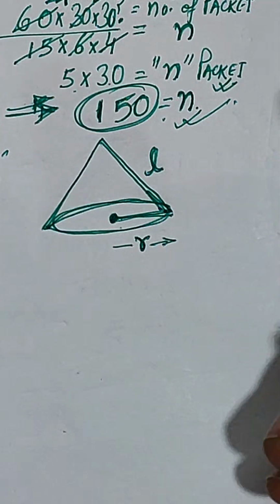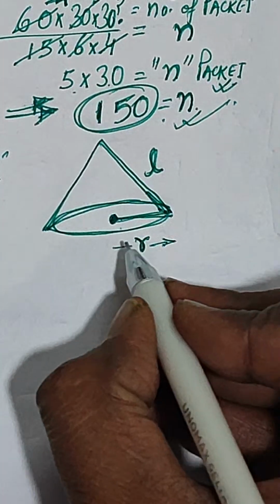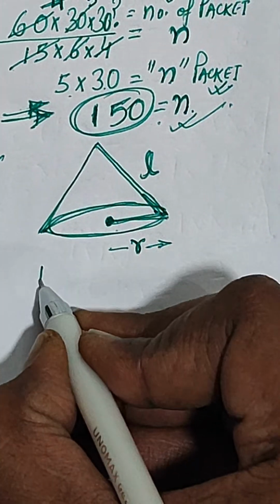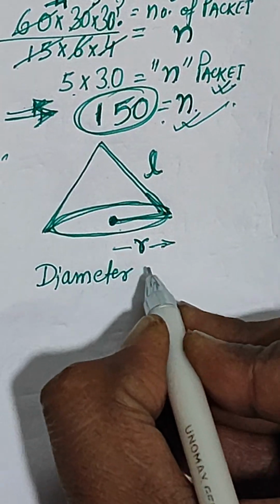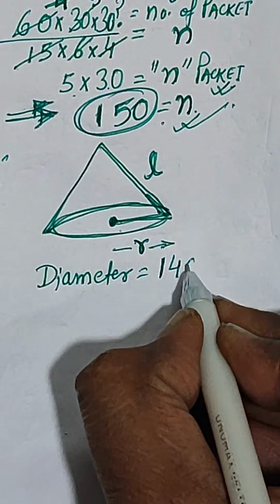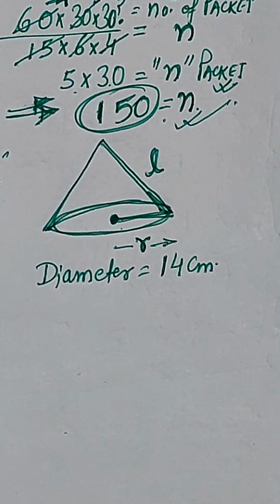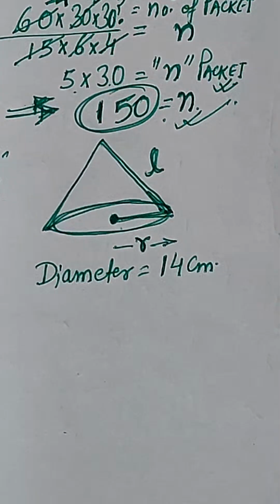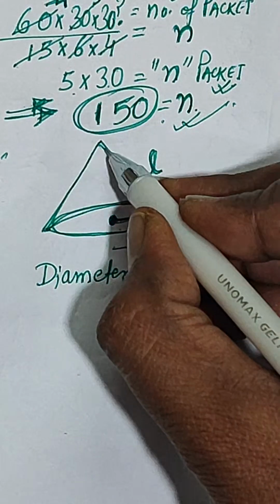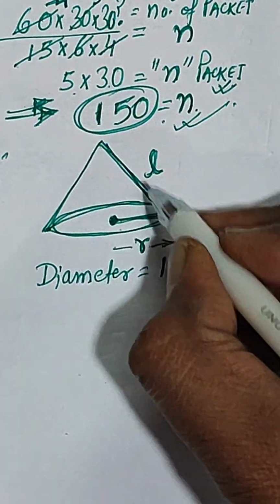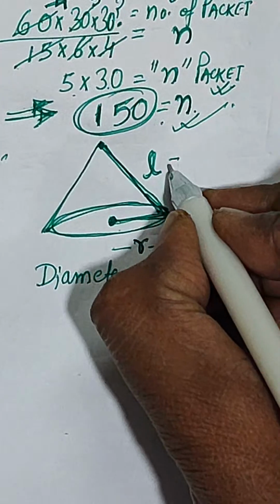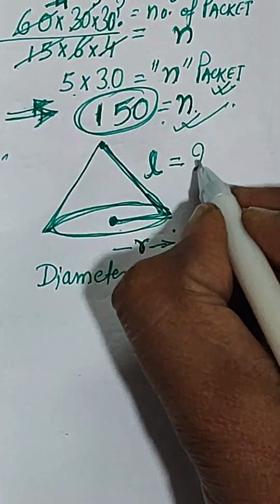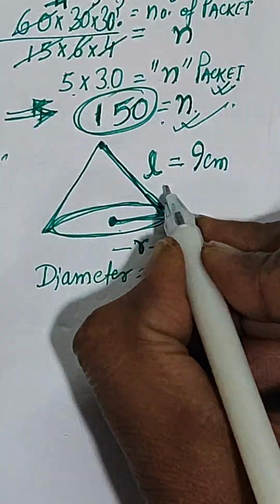the diameter of a cone is 14 centimeter. Diameter is given to you as 14, and its slant height is 9. Slant height is this one, the slope which you can see from the top vertex of the cone to the base, and this is given to you as 9 centimeter.